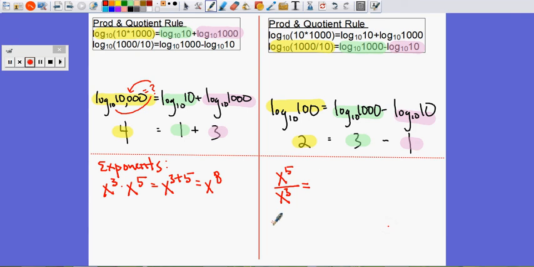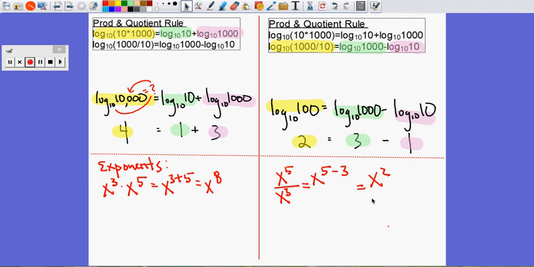After canceling, how many x's are left over? 5 on top, 3 on bottom, 2 x's are left over on top. Essentially what we did was x to the power of 5 minus 3, and we got x to the power of 2.